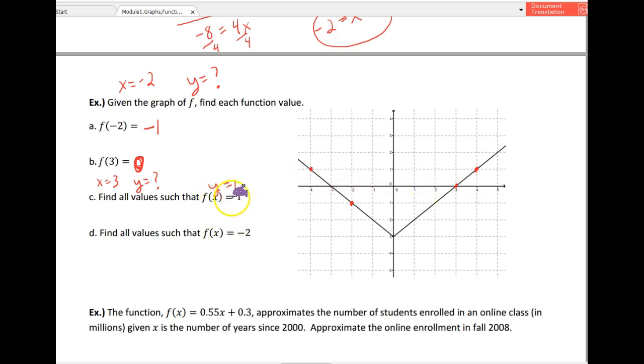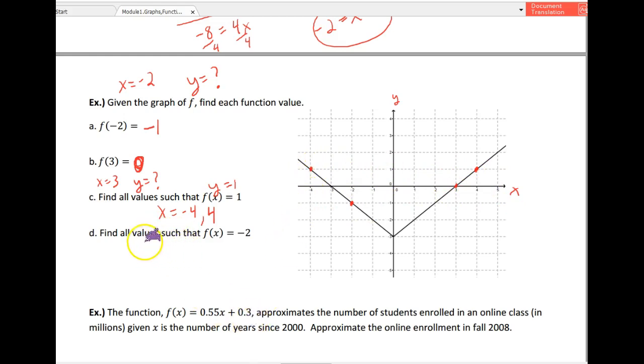So when f of x equals 1, so when y equals 1, x could be negative 4, or it could be positive 4. So we used the y-axis to find that, and then looked at the x and said what could the x values be.